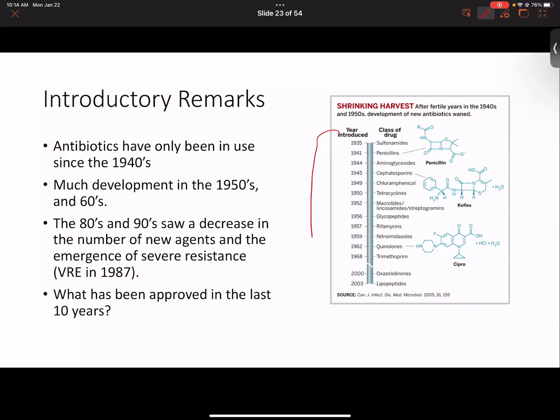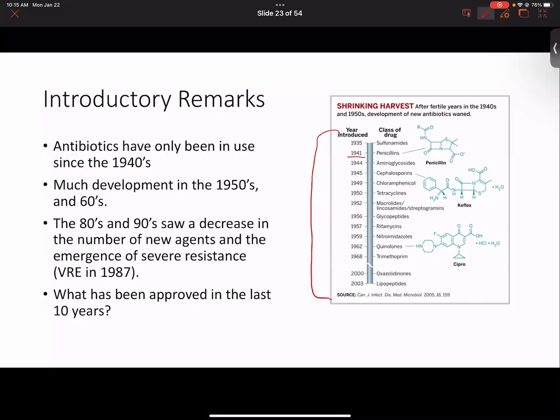You can see from a timeline when all these various and sundry antibiotics were introduced into the clinic. Sulfonamides came around and started to really be used between World War I and World War II. And then penicillin was discovered in 1941, but it didn't really start to get used until the mid to late 40s. Production of penicillin was very, very difficult back in the day.